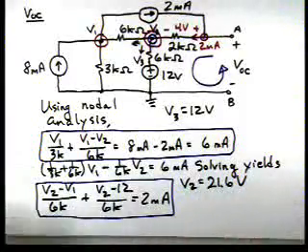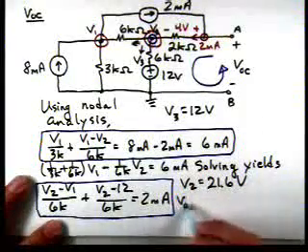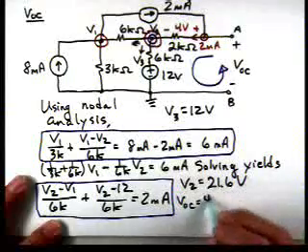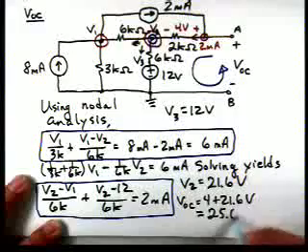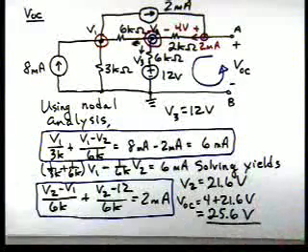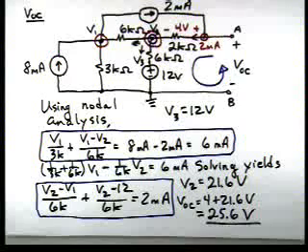So then VOC is 4 plus 21.6 to give VOC 25.6 volts, and you would get the same answer if you had selected mesh analysis. In fact, here mesh would have been a little simpler. We'd only had one equation. We should be able to do it either way.